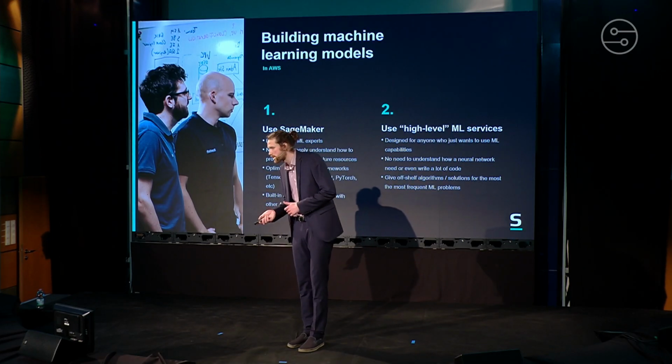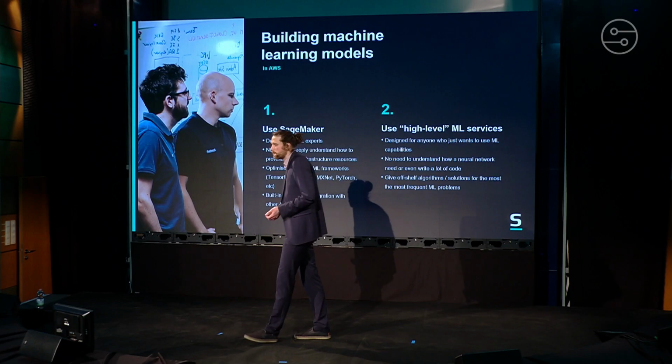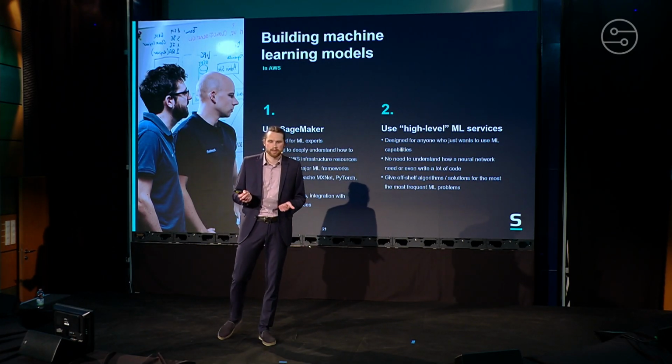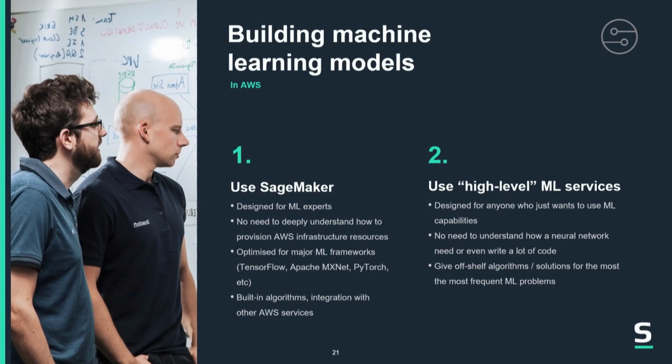So now we have a dataset that is ready to be used for machine learning training. So what's next? On AWS, there are 2 reasonable choices now. If we are machine learning experts, but we still don't really want to deeply understand how to provision AWS infrastructure or how the AWS resource elements connect to each other, we can go with AWS's flagship machine learning service called SageMaker.